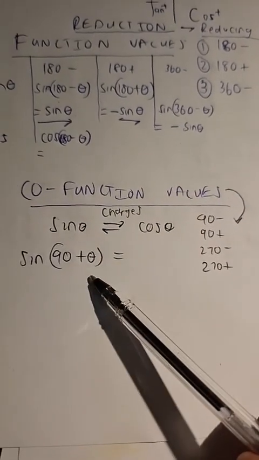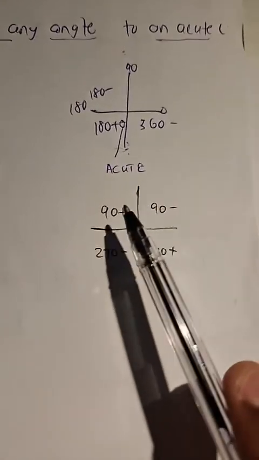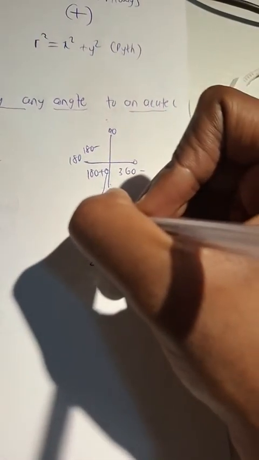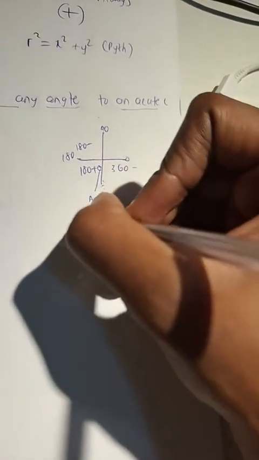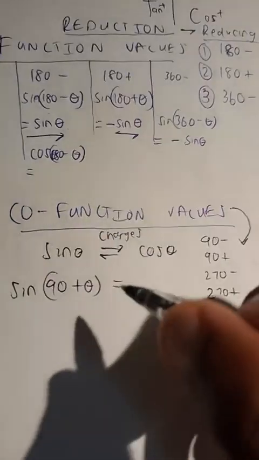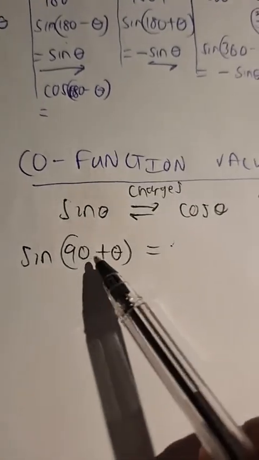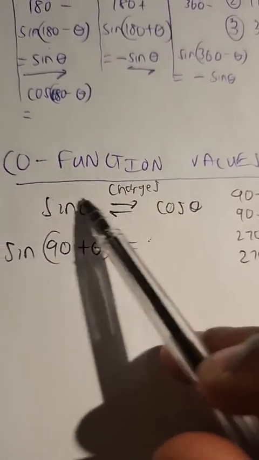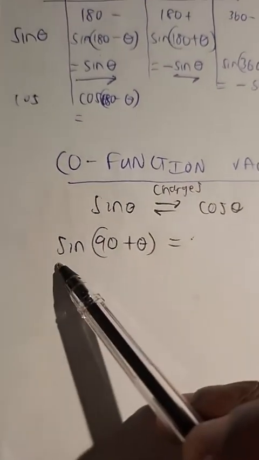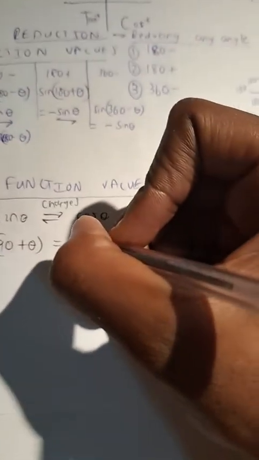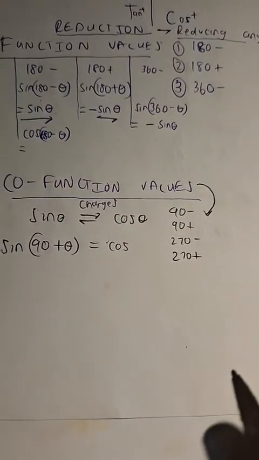So for instance, 90 plus theta is in which quadrant? It's in the second quadrant, right? So in that second quadrant, do you still remember who is positive? Remember, it's sine that's positive. So that means we are going to get a positive answer. But since it's 90 plus, there's going to be a change in trig ratio. It was sine that we were given, so the trig ratio is going to change to cos.